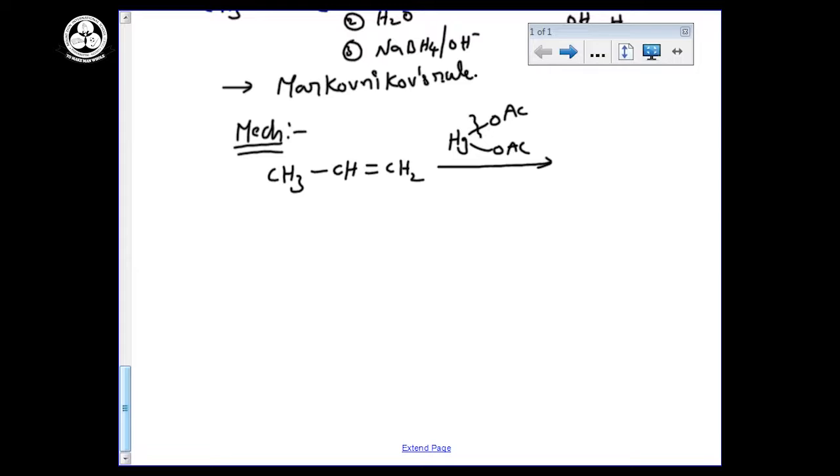One bond I am breaking, so oxygen is minus and mercury is plus. So plus can attack minus like this. So one group is going out, that is OAc, the acetate ion. Remaining, it will be CH3, CH, the double bond will be broken to a single bond, CH2.